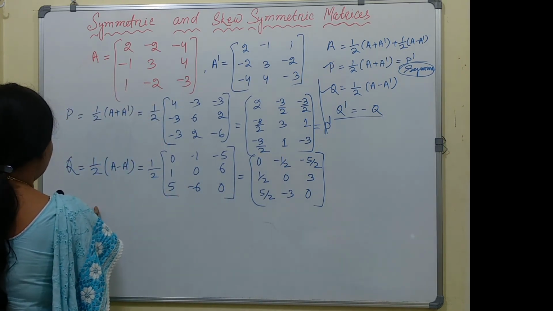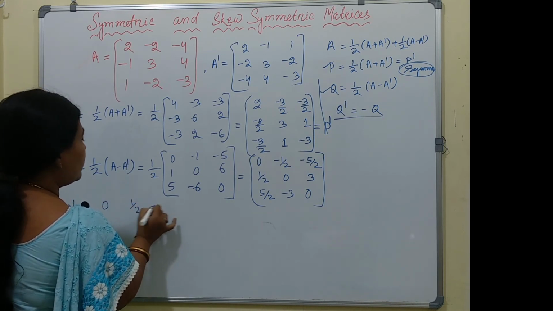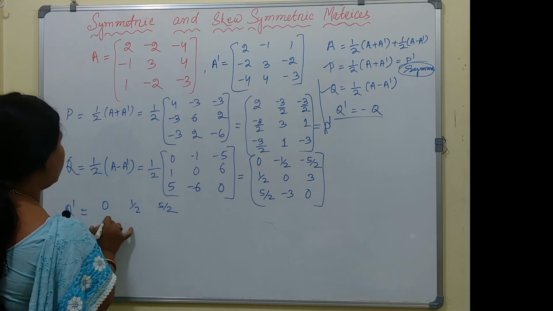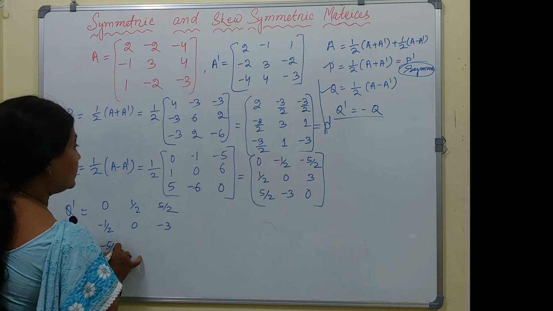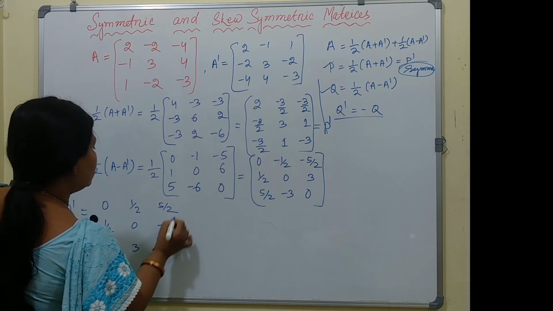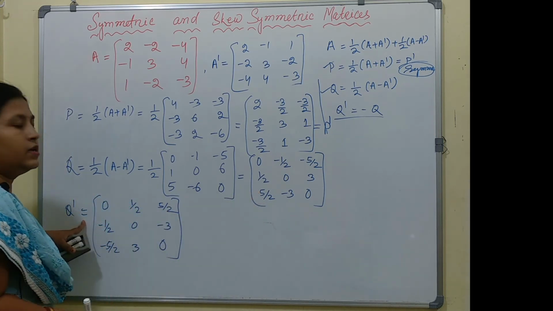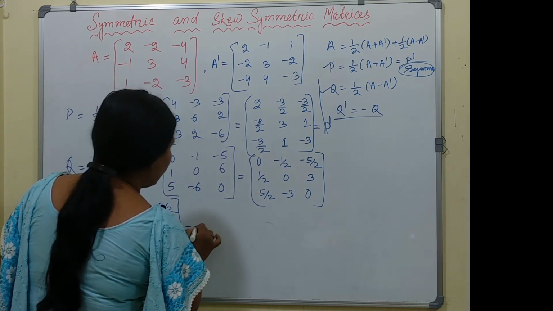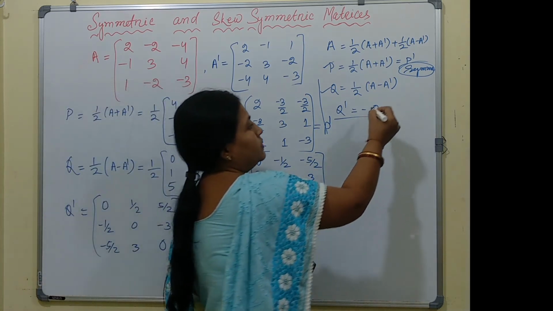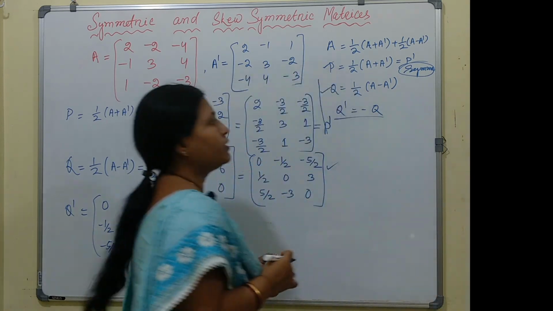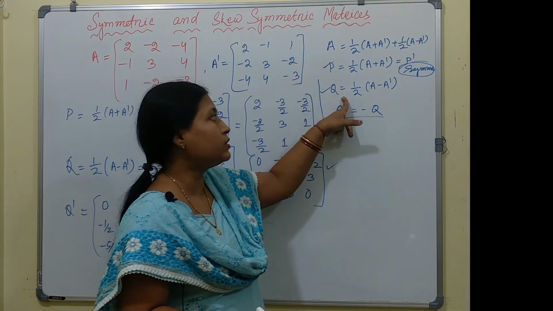So Q dash is equal to 0, half, 5 by 2, minus half, 0, minus 3, minus 5 by 2, 3, 0. Now see this matrix and this matrix: here Q dash is equal to minus Q. So Q dash is equal to minus Q, that means Q is a skew-symmetric matrix. So here P is a symmetric matrix and Q is a skew-symmetric matrix.